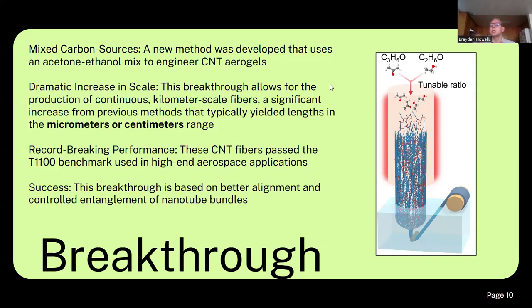And so this is huge. This is like orders of magnitude larger than what we currently have, which is so awesome. And we're not experiencing any losses in our tensile strength. We're passing the T1100 benchmark for aerospace use. And this is so cool. And it's based on aligning and controlling the entanglement of the strands in order to make the fibers.